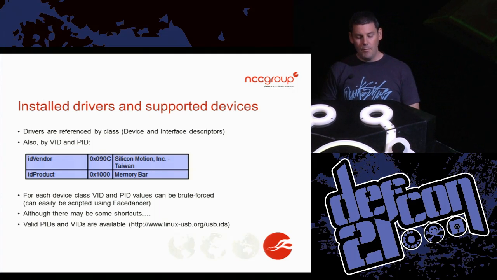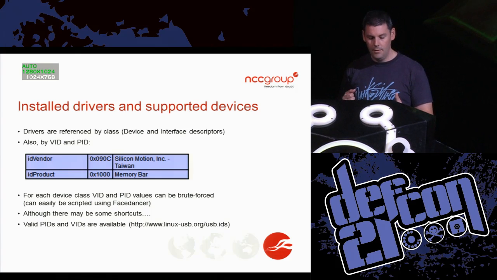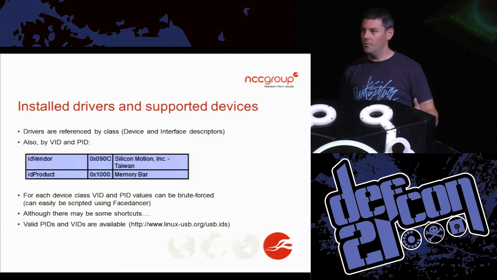The information that relates the device driver to specific devices is the vendor ID and the product ID stored within the device descriptor. So it's kind of like a lookup table. After it's gone through the enumeration process, it can say, am I aware of this device? Look it up with the vendor ID and product ID.